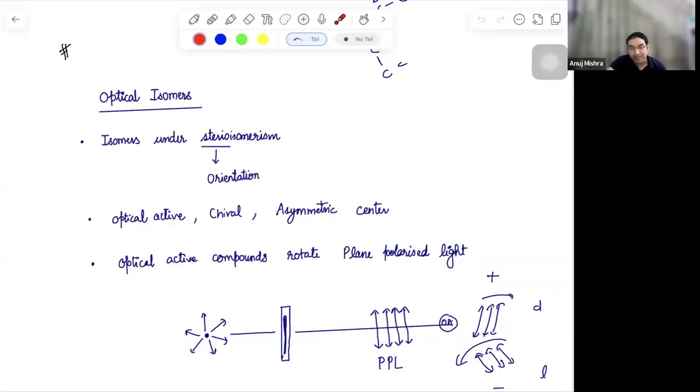And you can write D and L symbol, plus and minus symbol. Optical active is also called chiral. It is also called asymmetric center. They can rotate plane polarized light. Any difficulty in this?